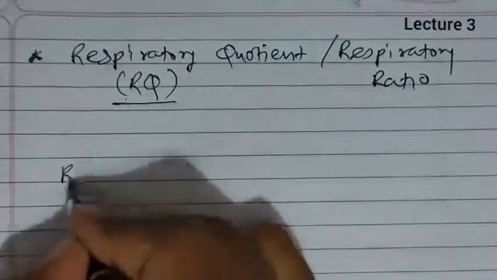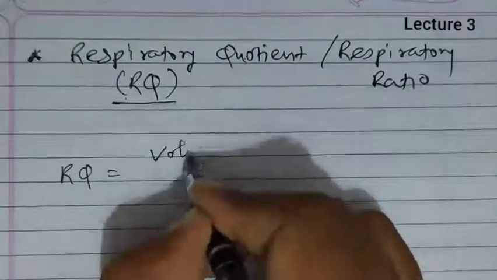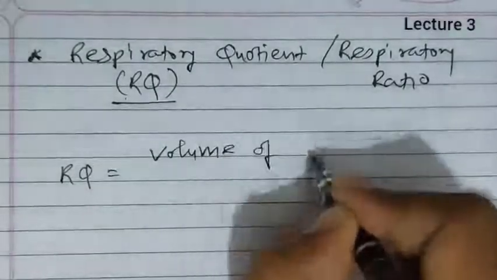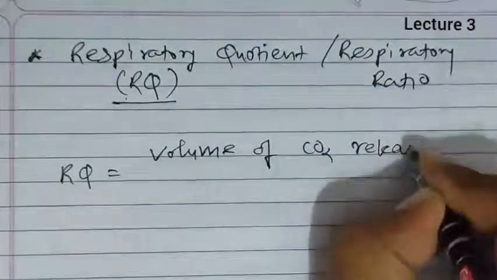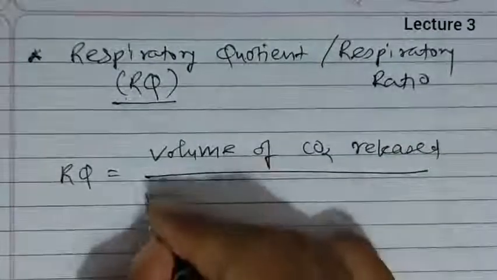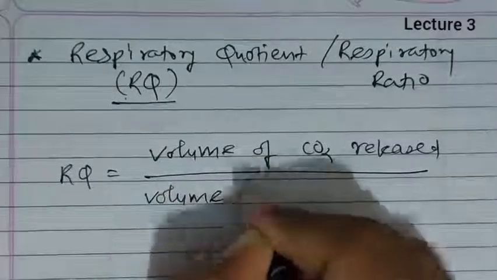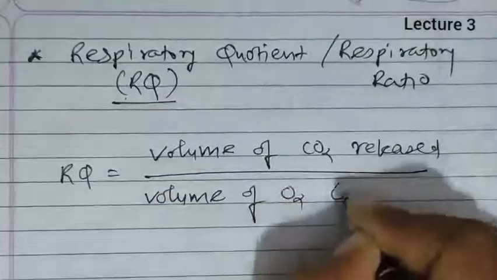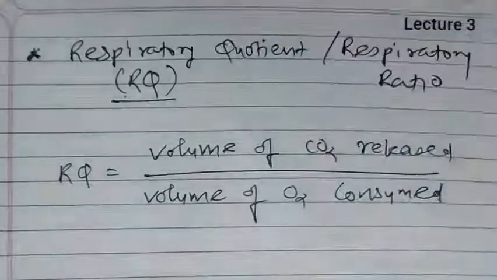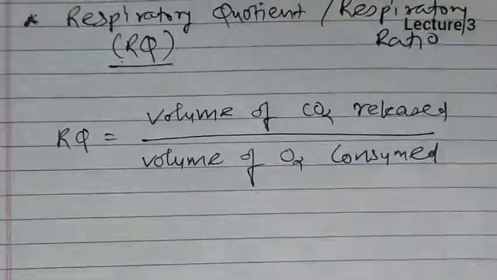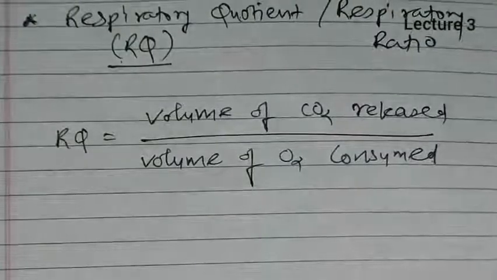So respiratory quotient is equal to volume of CO2 released upon volume of O2 consumed. So if we take a ratio of CO2 evolved to the O2 absorbed, then this is known as the respiratory quotient.